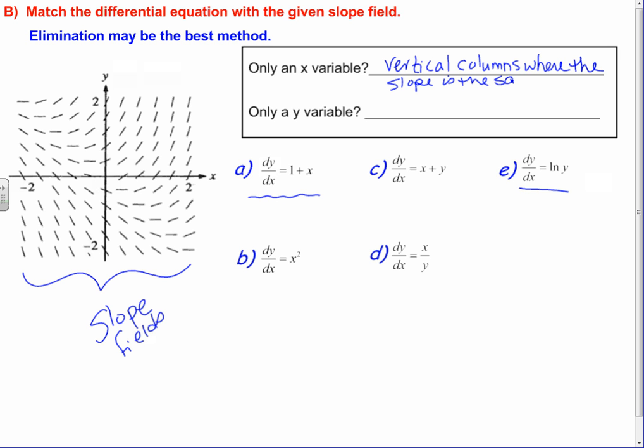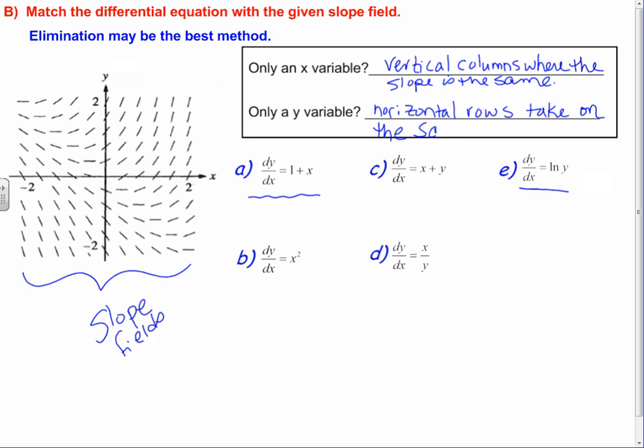And then vice versa, when it's a y value, when y was equal to 2, it was horizontal rows that end up taking on the same slope. Horizontal rows take on the same slope.